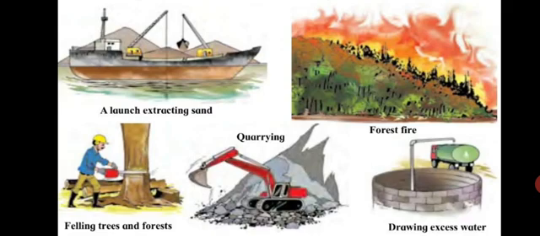Extracting stone and earth from the ground. Drawing out excessive amounts of groundwater. Felling trees to clear land. Filling up ponds, lakes, streams, rivers, creeks, and low-lying areas to reclaim land.